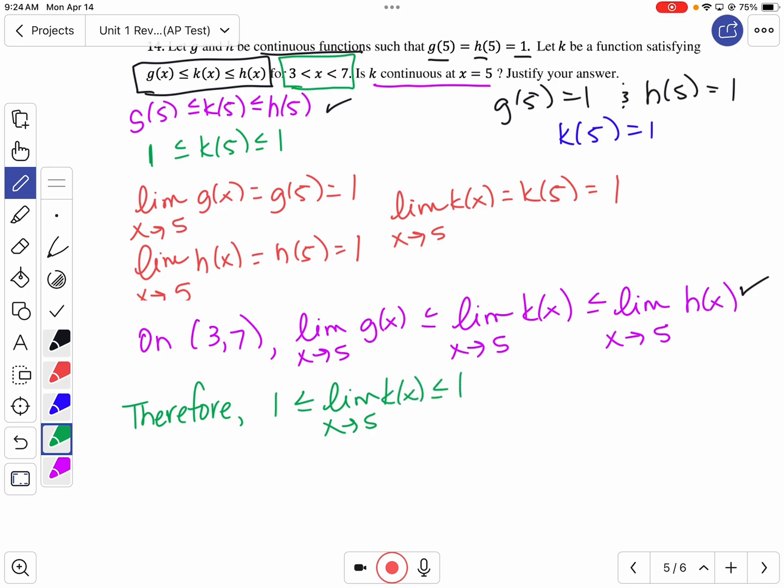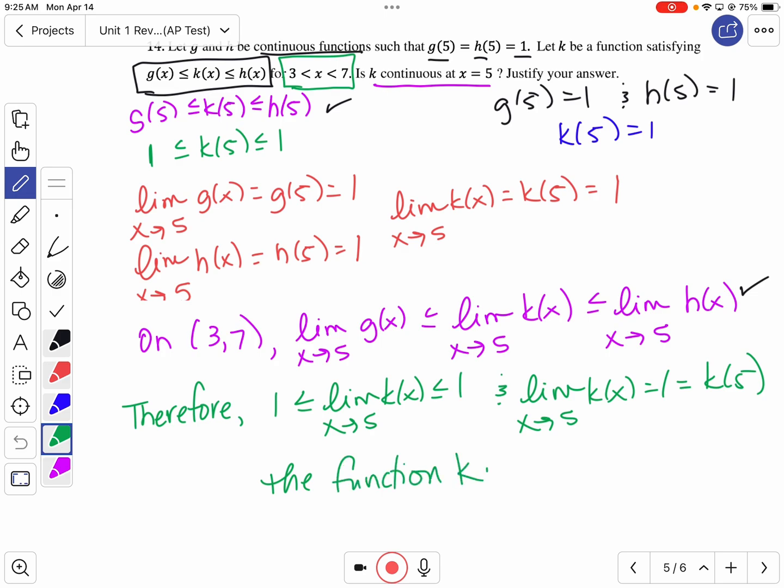It's going to be between 1 and 1, which tells me that the limit as x approaches 5 of k of x is equal to 1, which equals k at 5. The function k is continuous at x equals 5.